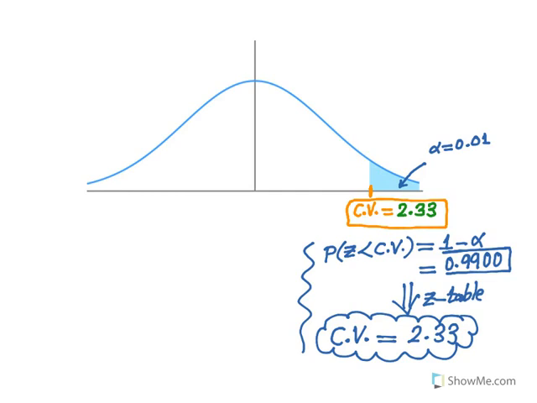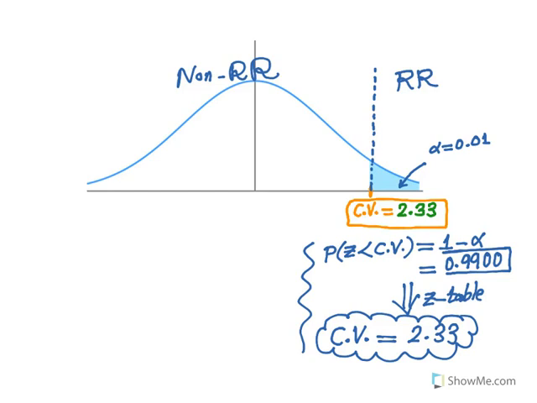So once you are done with finding the critical value, just remember what it does. What the critical value does is that it separates the rejection region from the non-rejection region. So in this case, this will be our rejection region, and this will be the non-rejection region. So what do we do next?